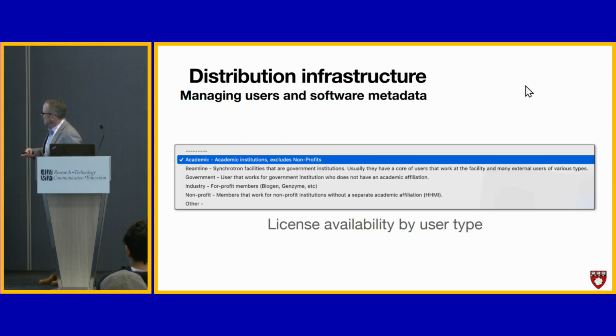And then government and beamlines are usually somewhere in between. Some developers draw a line at government and say, no licenses for government. Some say government is nonprofit, so we have built logic in that depending on who you are, you have access to a certain set of titles that you would be licensed to use.